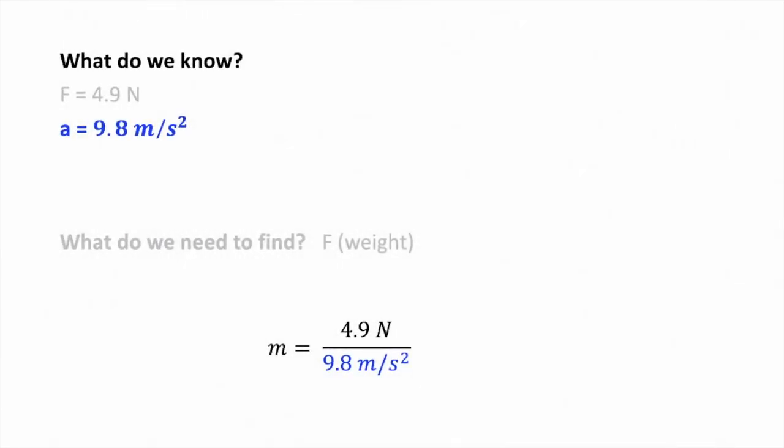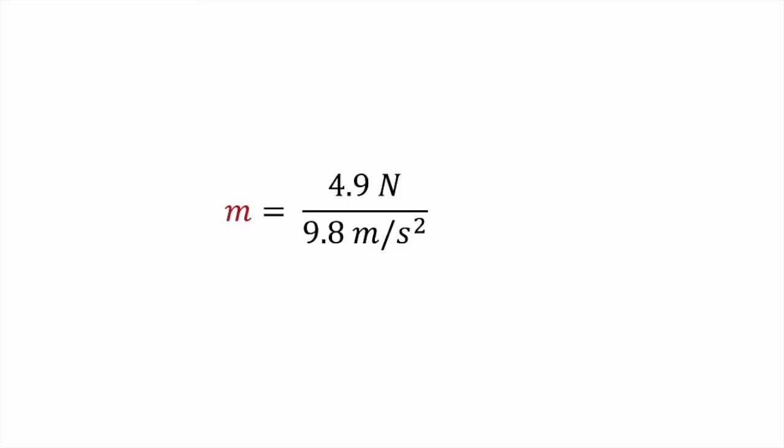Notice that we have kept our units in the equation. We are going to divide 4.9 by 9.8. We can use a calculator to do this, and we get 0.5. Now we know that the unit for mass is kilograms, so that's what we're going to write here.